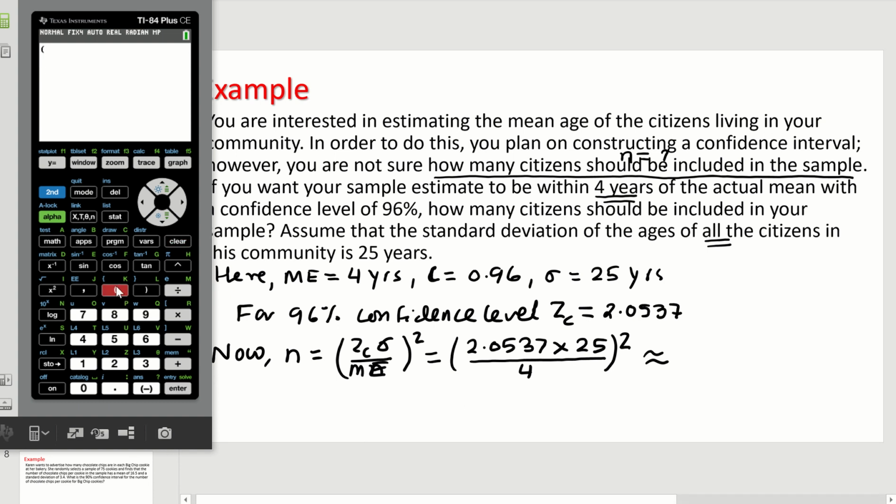Okay, parenthesis begin, we have 2.0537 times 25 divided by 4, parenthesis close, square, and hit enter.